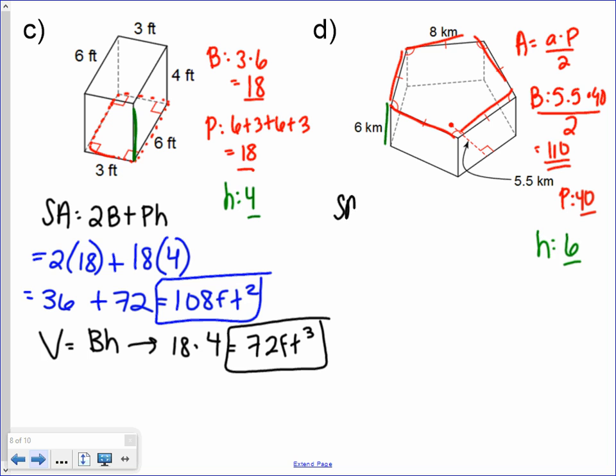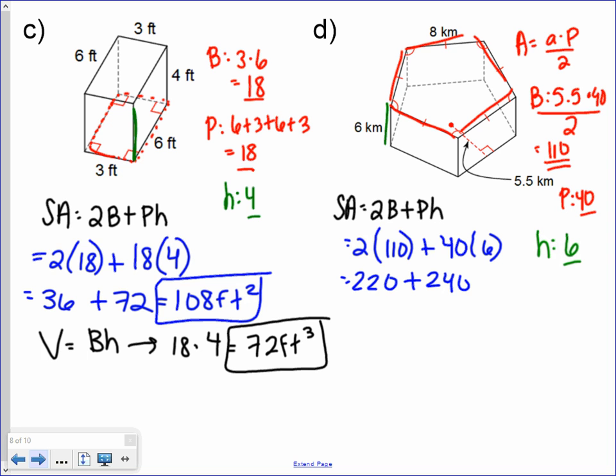Surface area, 2 of the bases plus the perimeter times the height. So 2 times 110 plus the perimeter is 40 times the height of the figure is 6. I get 220 plus 240, which is 460 kilometers squared.